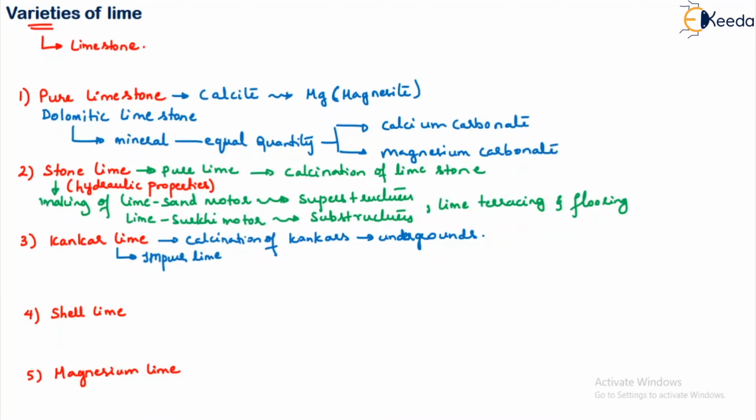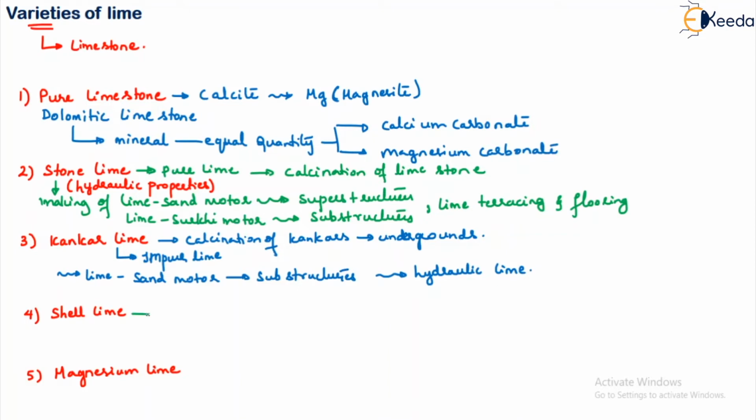Generally, the conkers are obtained in the form of blocks or nodules. So we can use this type of lime in the lime sand mortar, which is used for the substructures. Also, we can use them in the making of the hydraulic lime. What exactly is hydraulic lime? We'll see in the upcoming lesson.